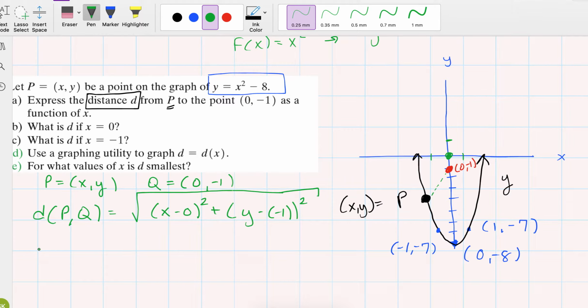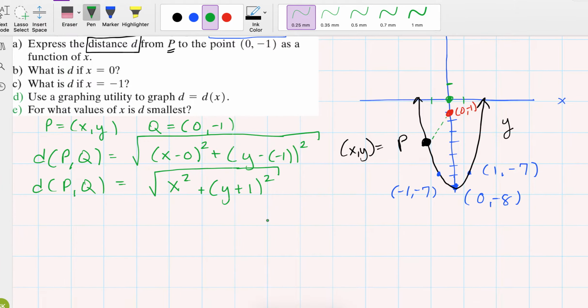So let's clean this up. The distance between P and Q is the square root of x minus 0, which is just x, so you get x squared. And this is minus a negative, so it's plus 1 squared. Okay, so this is the distance between any point P and the point Q.